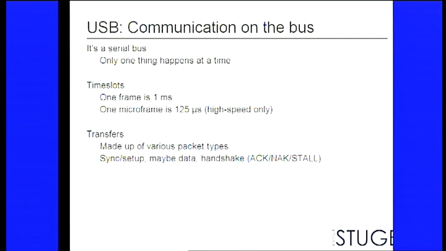NACK basically is used to say no, I don't have any data yet. So the device responds back with a NACK, and that doesn't mean the communication failed. It means sorry, no data for you right now, come back later, please. And stall is, on the other hand, some kind of error that will need action to be corrected.